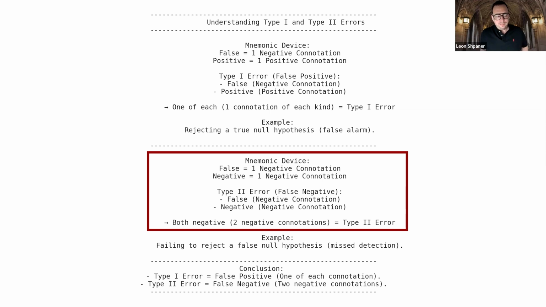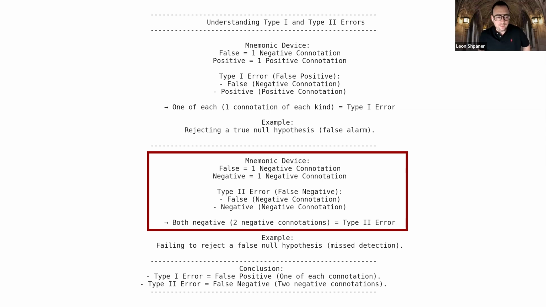But back to these errors. Type 1 is simply when you incorrectly reject your null hypothesis when it's actually true, and you basically detect an effect that doesn't exist. The probability of making a type 1 error is your alpha.